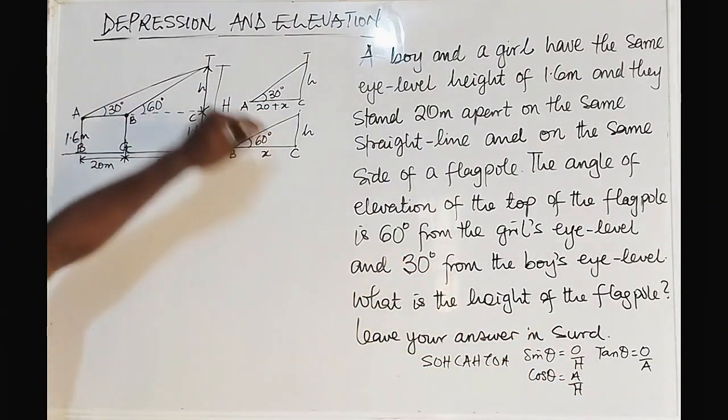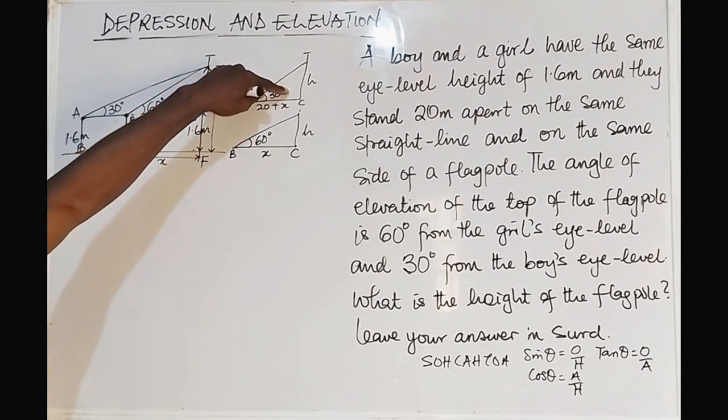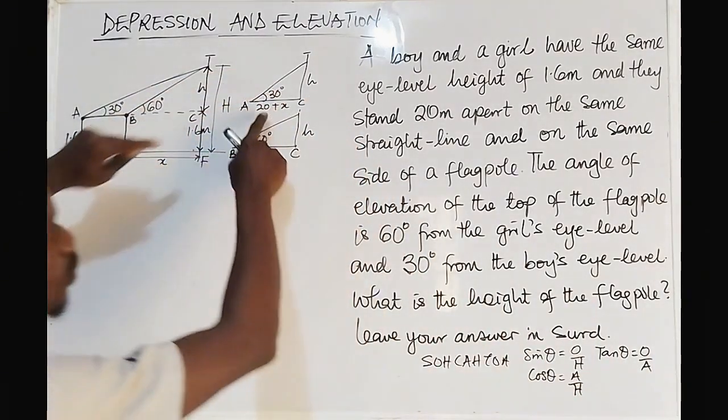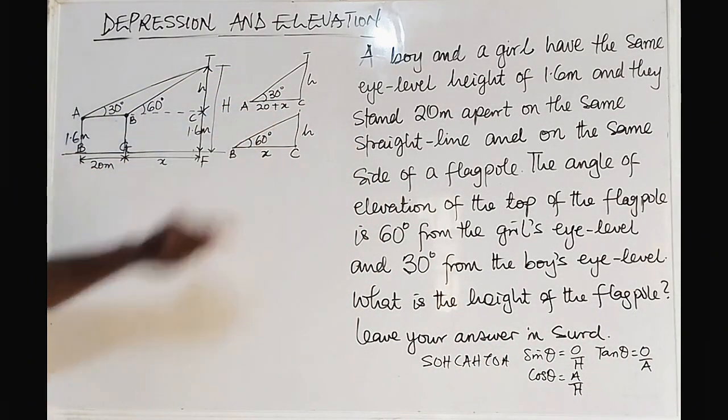Why is it tan? Because for the angle theta, we have opposite, which is the H, and adjacent, which is AC, that is the bottom.